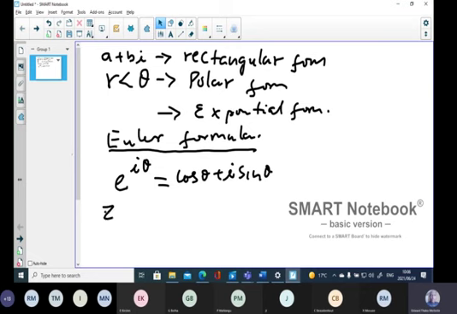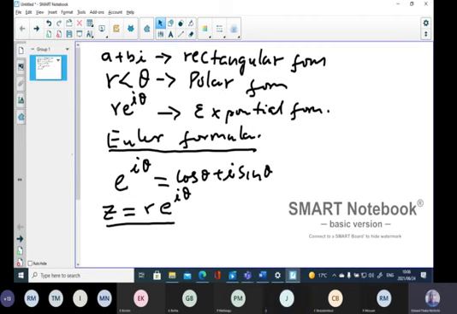In exponential form, z will be equal to r e to the power i theta, and this will give you a complex number. This is the exponential form of a complex number. I can write it as r e^(i theta).